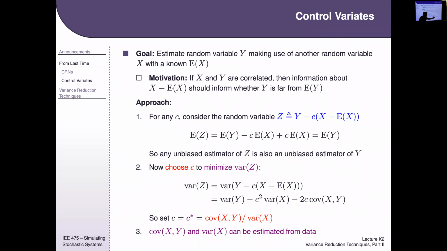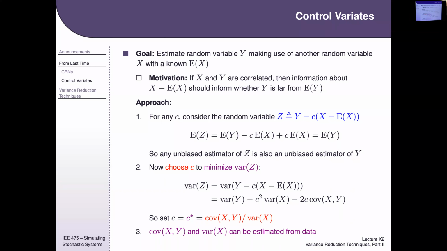And then now I've got this thing here that involves the covariance of X and Y, and it has this C. And I can just optimize this thing to minimize the variance in Z. So I can take the partial derivative of this thing with respect to C, set it equal to 0, and solve for the C star value that minimizes this variance.